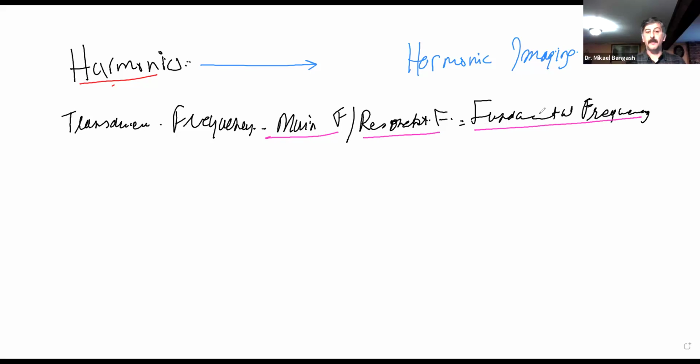Not your bandwidth, because bandwidth is the range between the minimum and maximum frequency. But somewhere in between those two frequencies occurs the main frequency of that transducer, which we also refer to as the resonant frequency, or which in this chapter we will call the fundamental frequency.